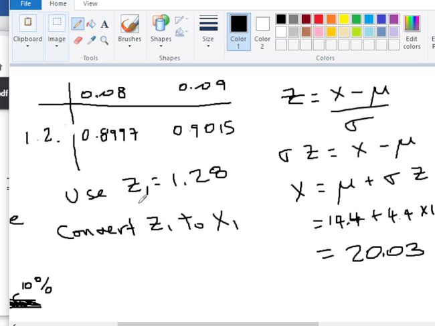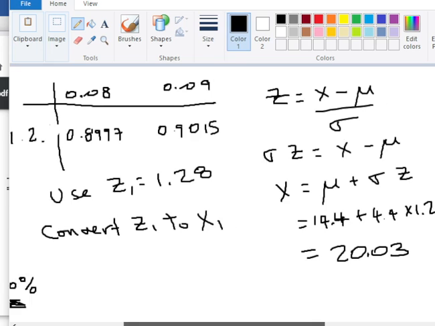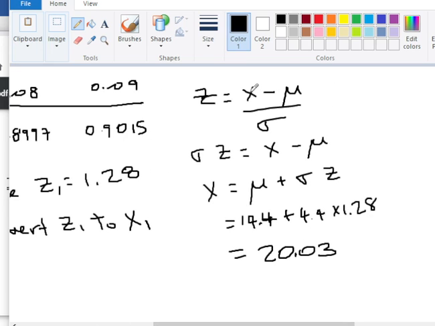We're not done yet, because remember, we want the return. Right now, what we have is the Z value corresponding to that X. So we have to convert the Z back to X. And so we use the same Z-score formula that we had before. And all we're going to do now is use some algebra to make X the subject of the equation. And so we do that.